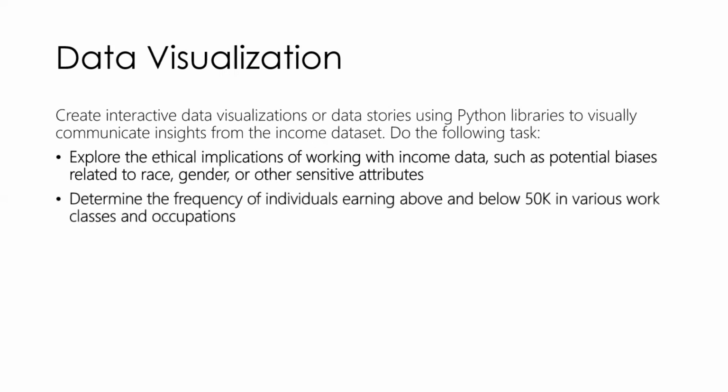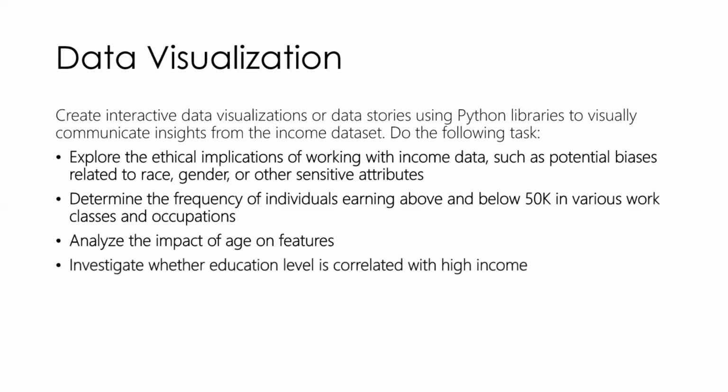You also have to determine the frequency of individuals earning above and below 50K in various work classes and occupations that are the features of the income dataset. Next, you also have to analyze the impact of age on other features. And in the last, you have to investigate whether education level is correlated with high income or not.